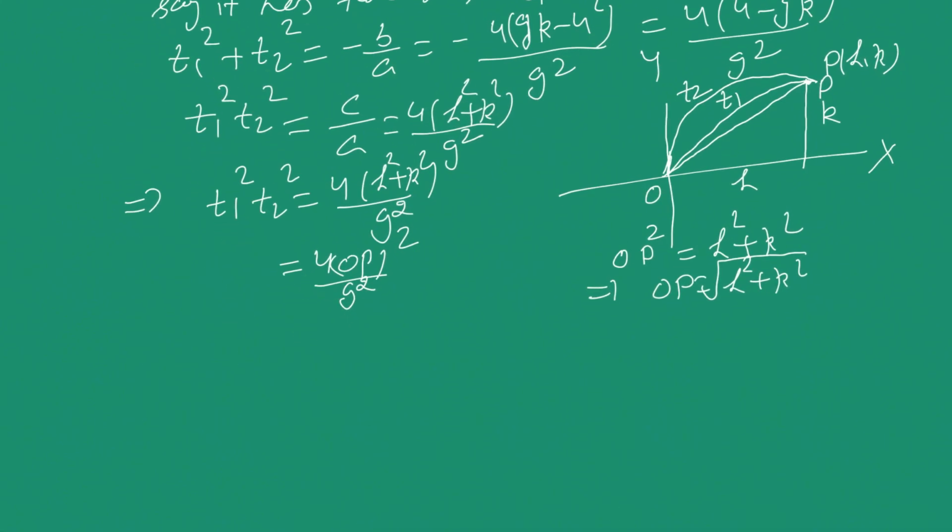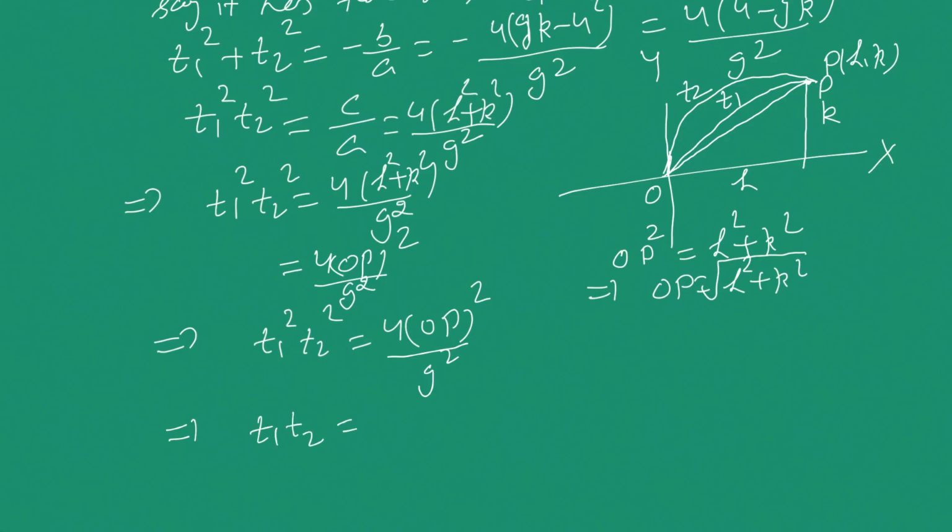This implies that t1 square t2 square is equal to 4 OP square by g square. This implies that t1 t2 is equal to 2 OP by g.